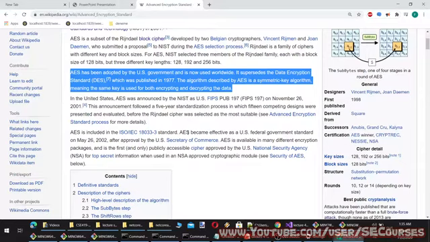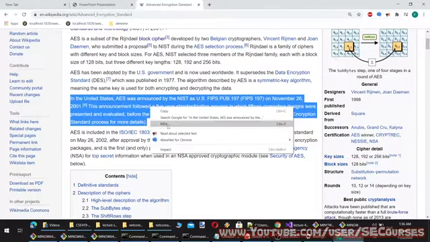AES has been adopted by the U.S. government and is now used worldwide. It supersedes the Data Encryption Standard (DES), which was published in 1977. The algorithm described by AES is a symmetric key algorithm, meaning the same key is used for both encrypting and decrypting the data.